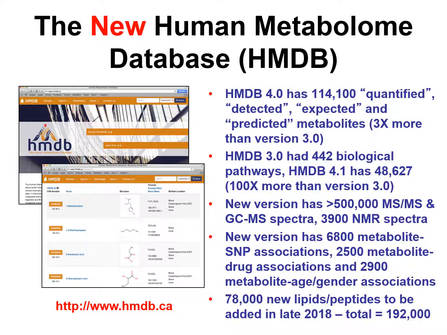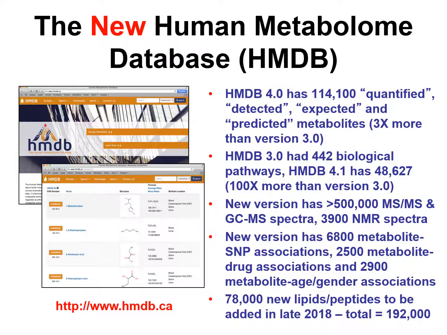It also has information beyond just the metabolites. It has pathways, it has MS/MS and GCMS spectra, NMR spectra, referential spectra for the pure compounds, both experimentally and computationally predicted. It also has lots of other data about concentrations, metabolite gene or SNP associations, metabolite drug associations for pharmacometabolomics.